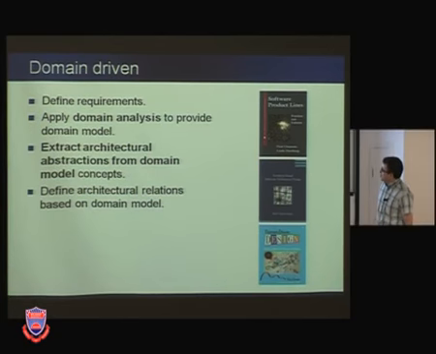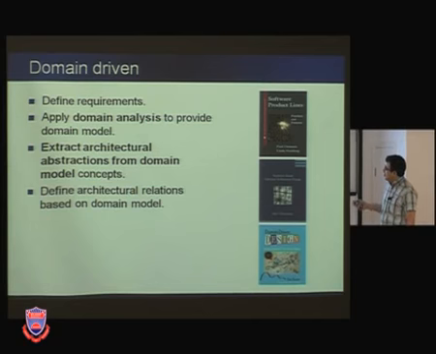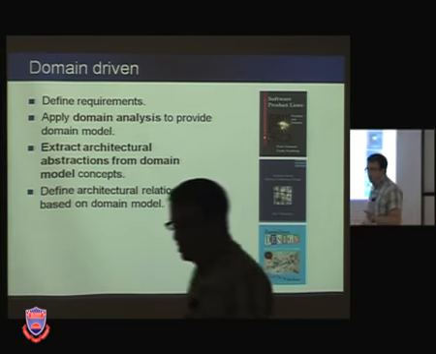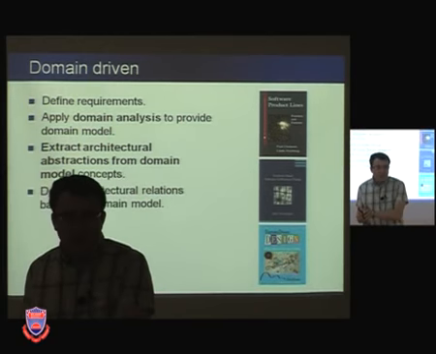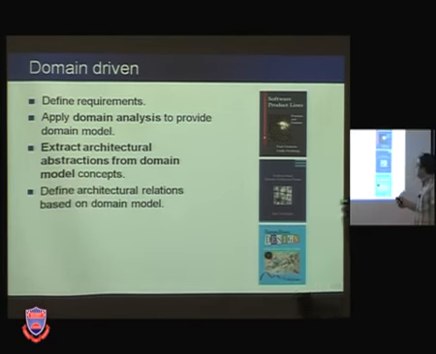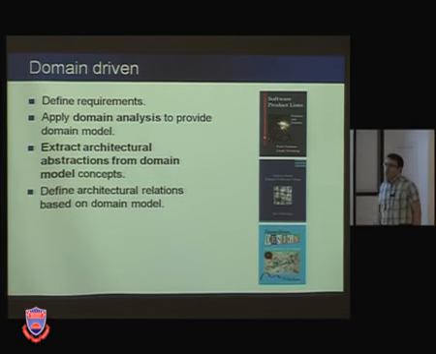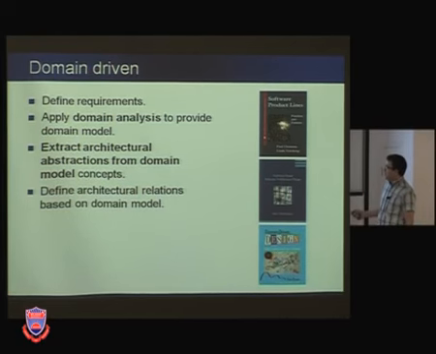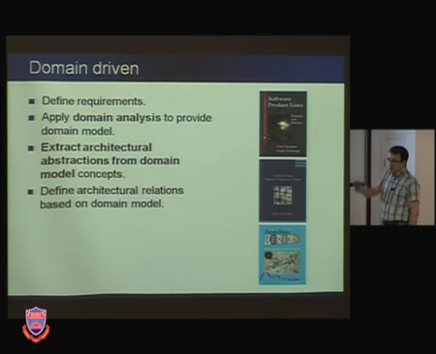The last one is the domain-driven approach. There we define requirements. What we then do is not directly architecture design, but we first do domain analysis, and domain analysis also includes problem analysis, as we will see. This was the right track, what you said. We try to extract architectural abstractions from domain model concepts.